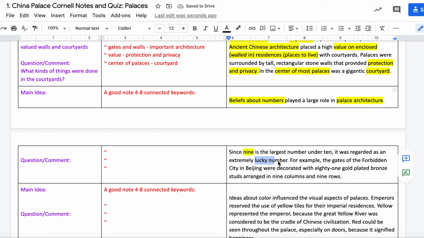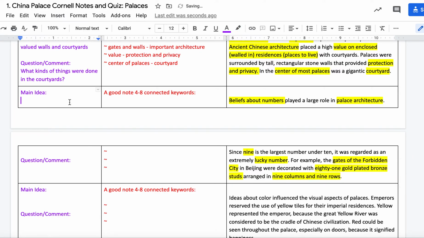And we want to highlight the gates of the Forbidden City. We want to talk about how they were decorated with 81 gold-plated bronze studs. And there were 9 columns and 9 rows.